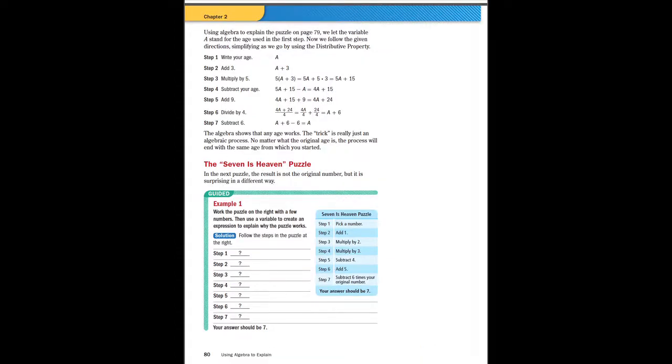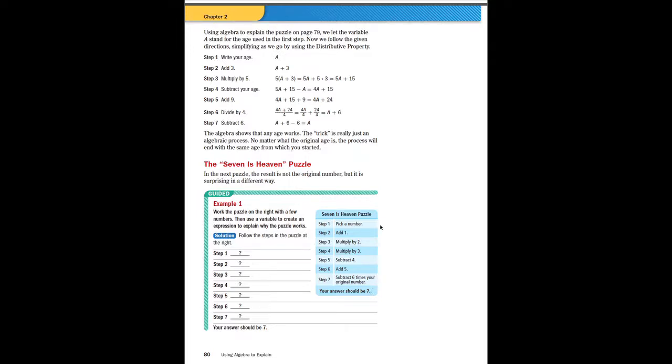Second page, we've got the guided example, 7 is heaven puzzle. I'm going to go through a different guided example in the video. What's interesting about this one, and I suggest you try doing it, is when you look at it, you can see that first they have you add 1 and then multiply 2, then multiply 3, then subtract 4 and then add 5 and then subtract 6, and then your answer is 7.